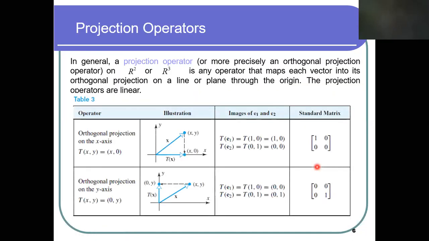Projection. Dear student, the projection, I mean to say in two dimensions, may be from R2 to R3, is an operator that maps each vector into an orthogonal projection on a line or on a plane through the origin. The projection operators are basically linear.